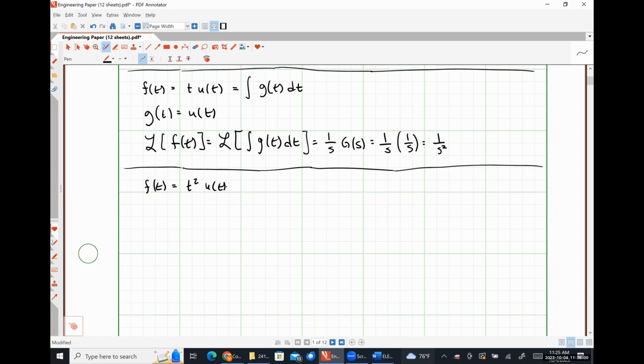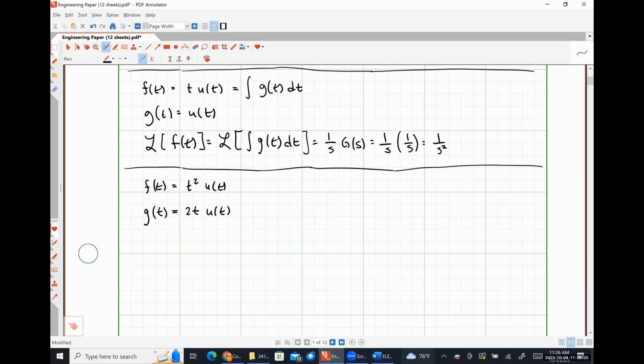I'm going to then say that g of t might be 2t times u of t, because the integral of this expression should give me t squared, right? If I integrate 2t, I get t squared.